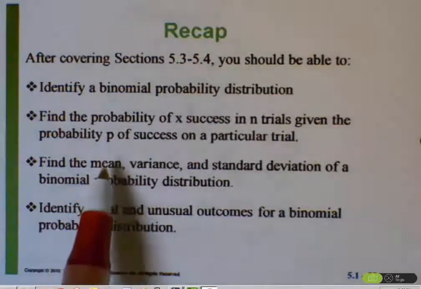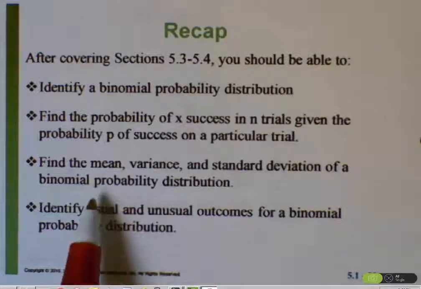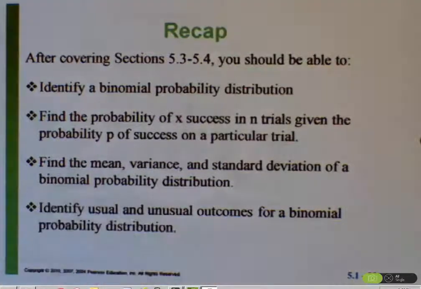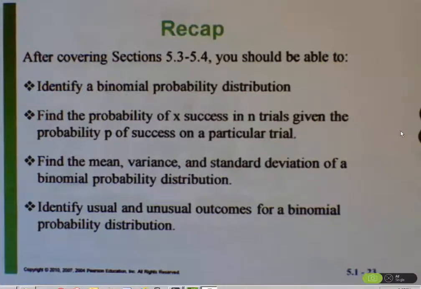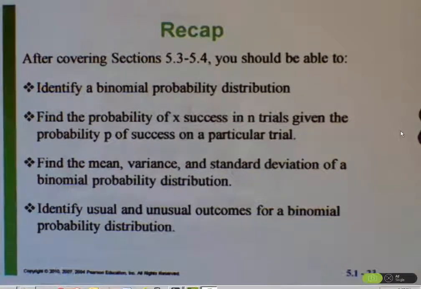You should be able to find the mean, the variance, and the standard deviation of a binomial probability distribution, and you should be able to identify usual and unusual outcomes. So that's it for 5.3 and 5.4. That's actually all the material that is covered on test 2. So you're ready to begin the practice test. Let me know if I can help.